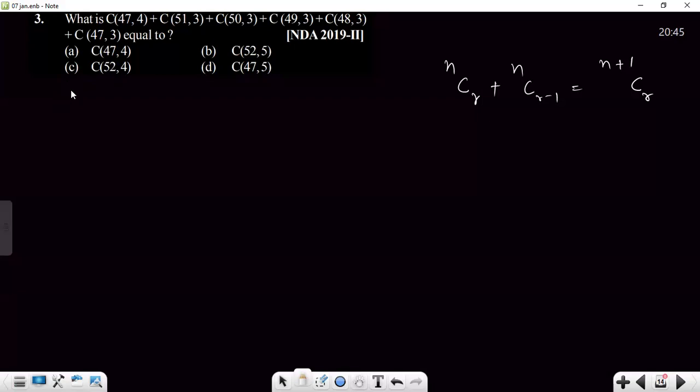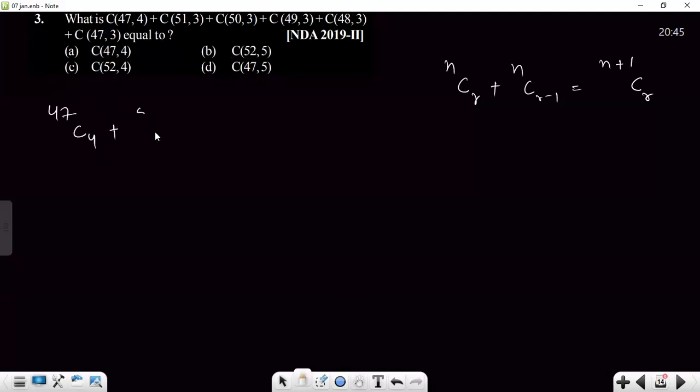Otherwise, you can also solve their particular values, but it will take a hell of a lot of time. You will have to solve for all the values, add them, then solve all the values of the options, and then match. It's going to take a lot of time, so it's better to remember the properties.